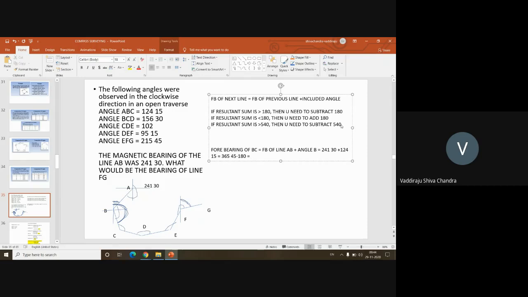The resultant value will be 185.45. Similarly, I'll use FB as forebearing. Forebearing of CD is equal to forebearing of BC plus angle C. Forebearing of BC you have calculated as 185.45 plus angle C is given as 156.30.